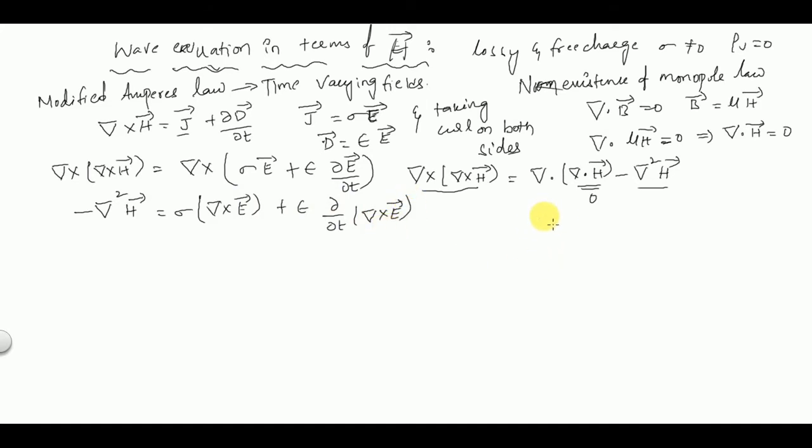From Faraday's law we have del cross E bar is equal to minus dou B bar by dou t.